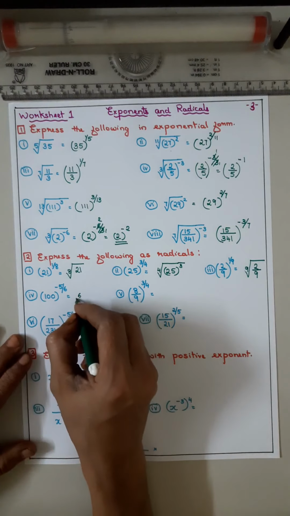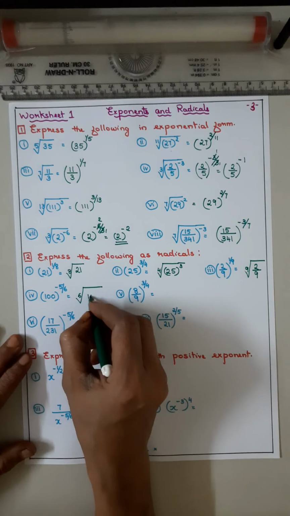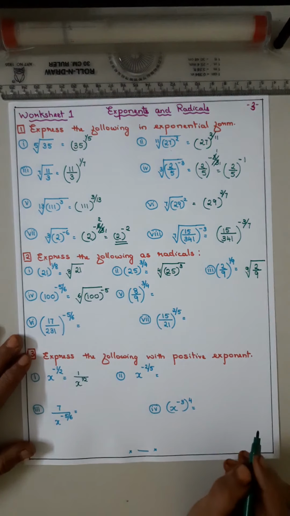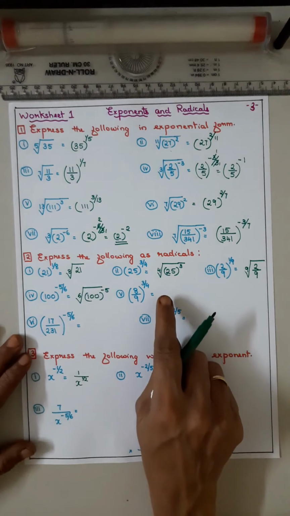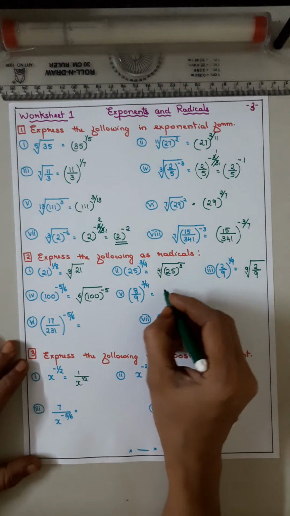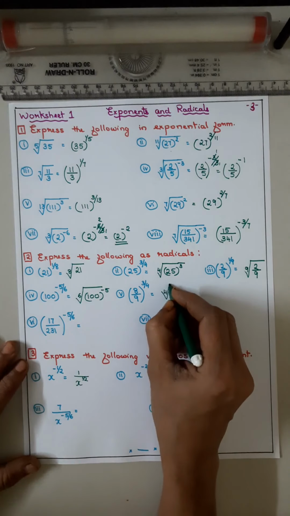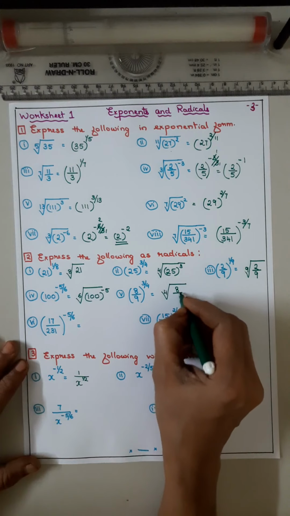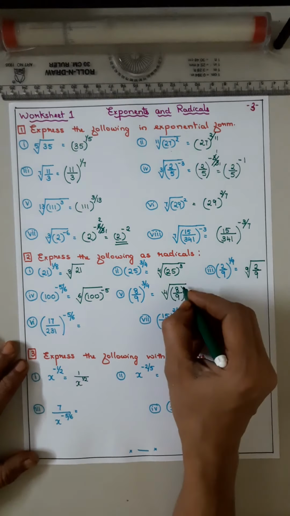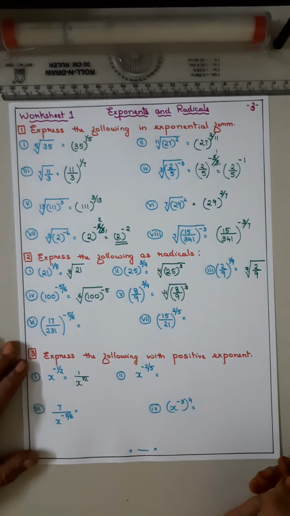Now the 6th root of 100 to the power minus 5. Now here, which is the index? 4, isn't it? So the 4th root of 8 by 9, put the bracket, the whole power 3.